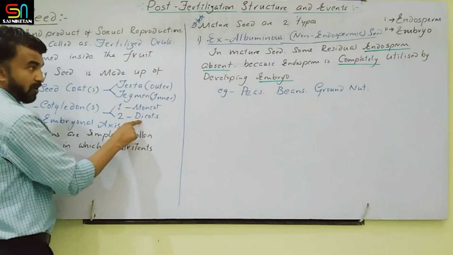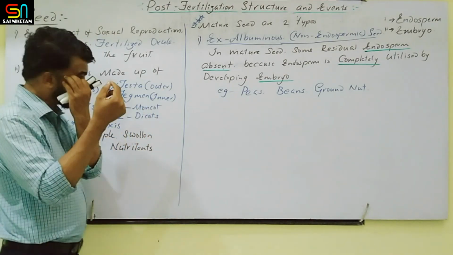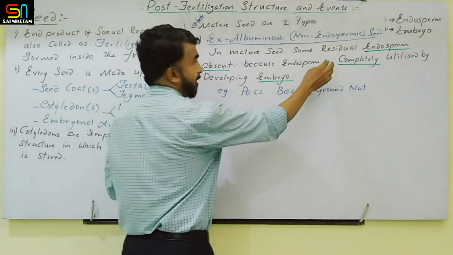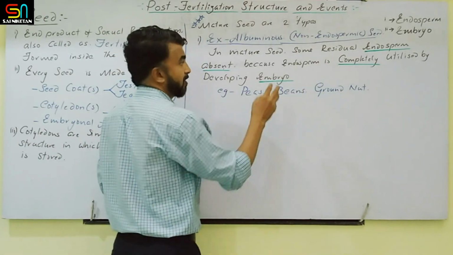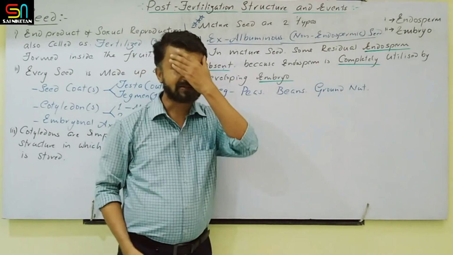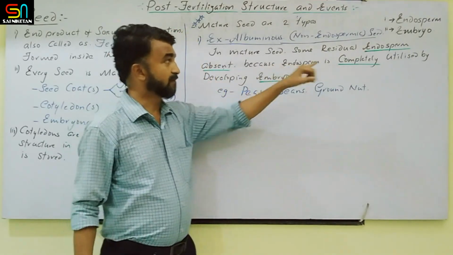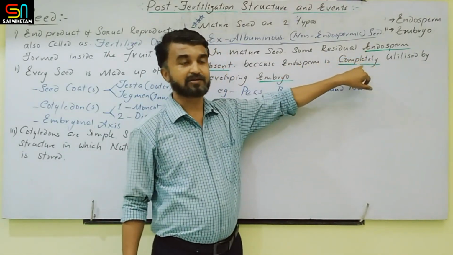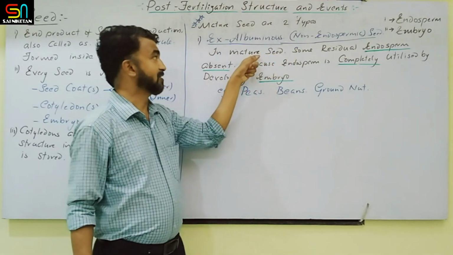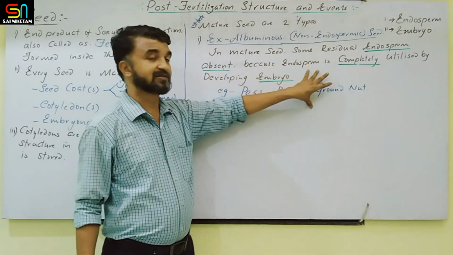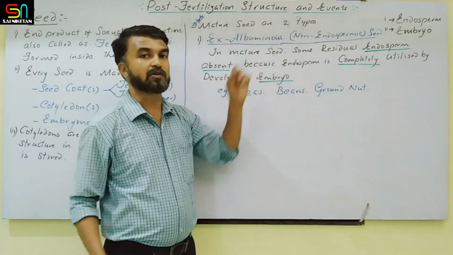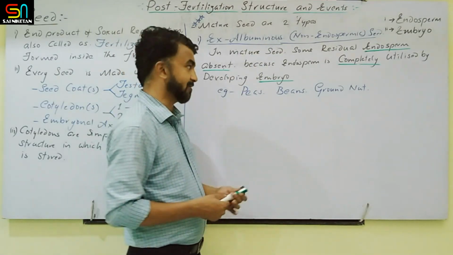Inside that, two cotyledons are there and the embryonal axis is also visible, but endosperm is not present. So during embryonic development, if the endosperm is completely utilized, it is absent in the mature seed. Such seeds are called exalbuminous or non-endospermic seeds.